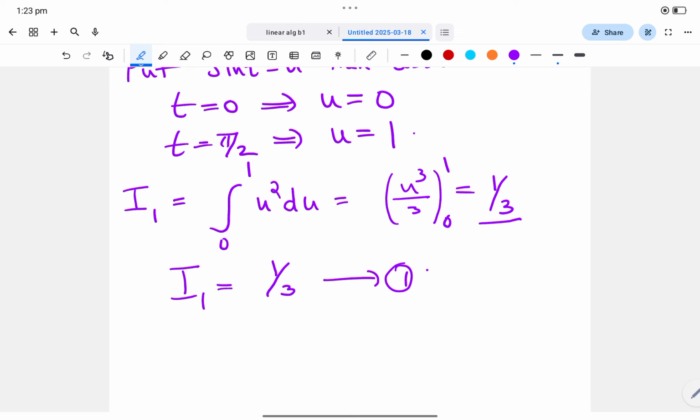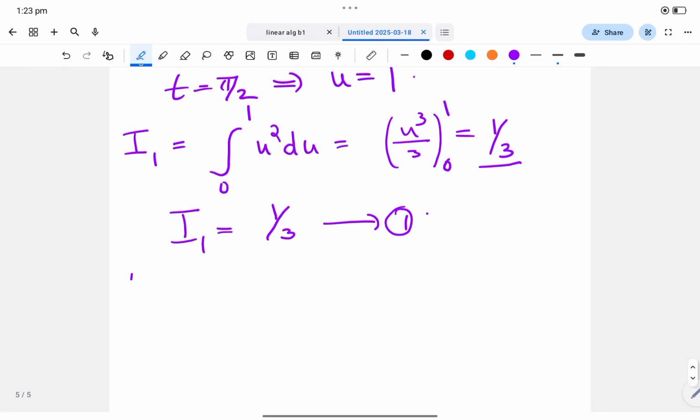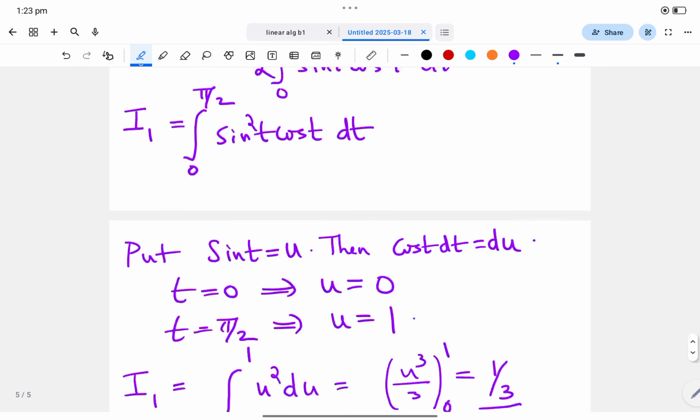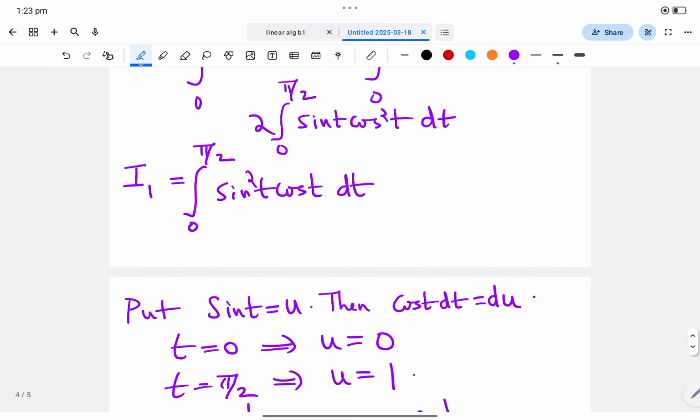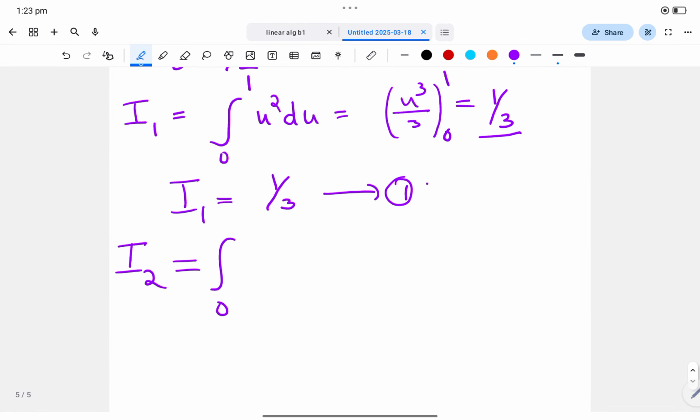Now let us calculate the other integral, that is I2. So I2 is equal to integral 0 to pi by 2 sin square t dt.